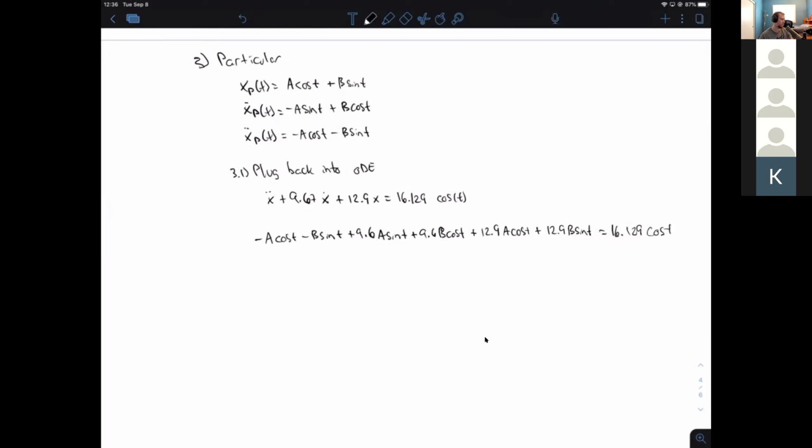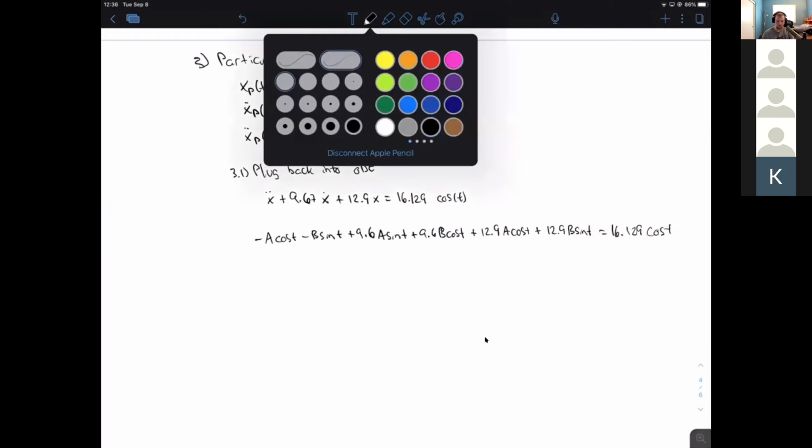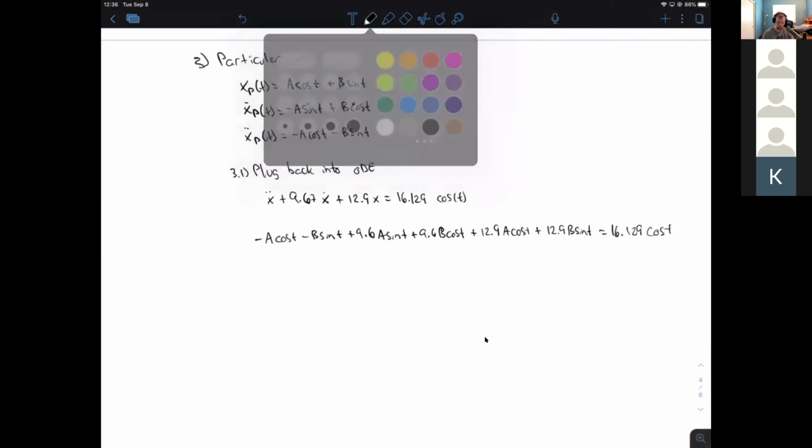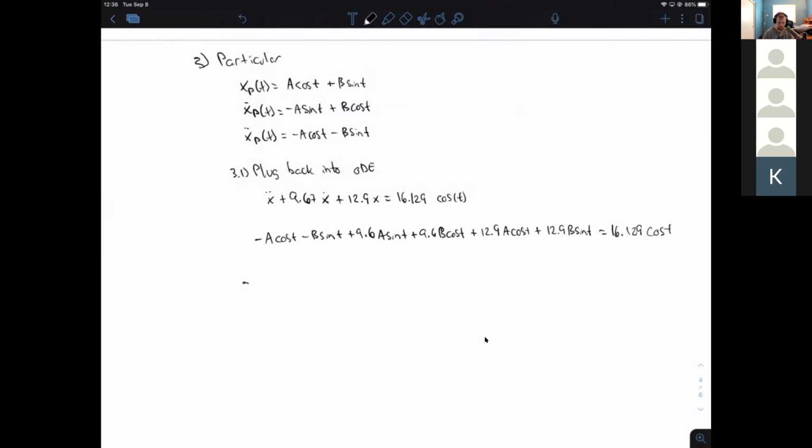All right, so lovely equation, I know. So now we're going to group our terms here. We're going to group the sine terms and the cosine terms separately. So we'll start out with the sine terms, and what I'm going to do is underline all of them so it's just a bit more clear for us.